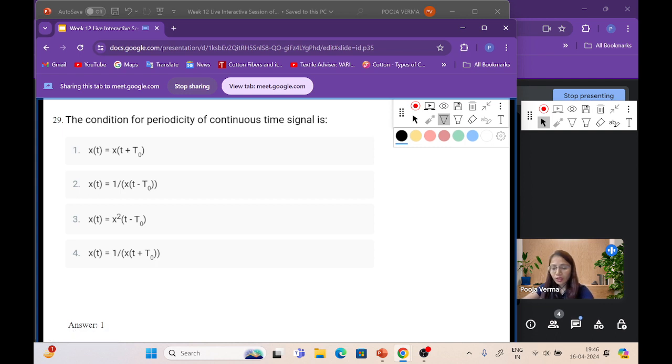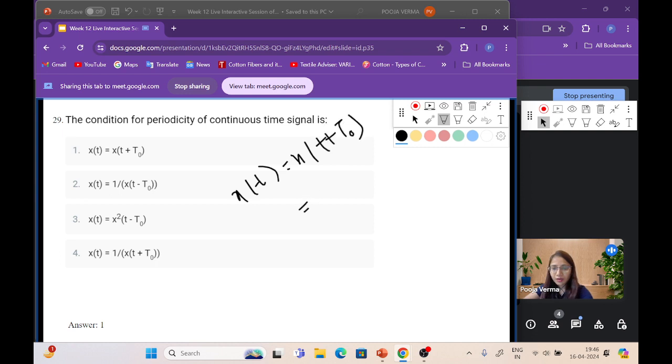As we know, a continuous time signal x(t) is said to be periodic if it repeats itself after some time period, that is x(t plus t naught).